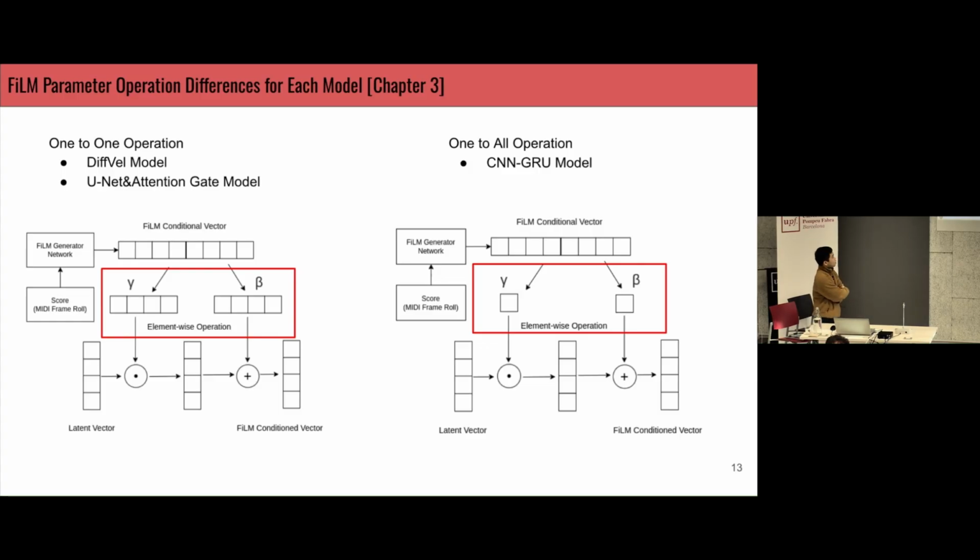Another is the one-to-all operation, which is used by the CNN GRU model. It creates one element to condition one vector in the latent space, so the dimension of the FiLM conditioning vector is way lower than the latent space of the main network. I tested those 2 methods and chose the better performing method to insert the FiLM conditioning vector.